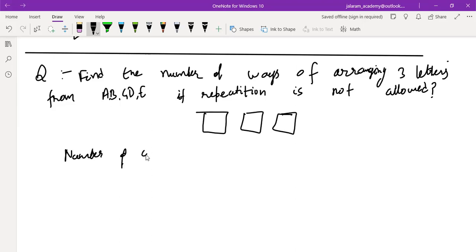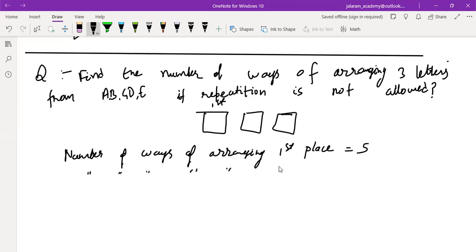First we write the number of ways of arranging the first place. How many number of ways of arranging first place? 5. Now repetition is not allowed. So number of ways of arranging second place: as we already have used 1 letter, we will not use that. So only 4 will be there. And then the number of ways of arranging the third place is equal to 3. Understood?